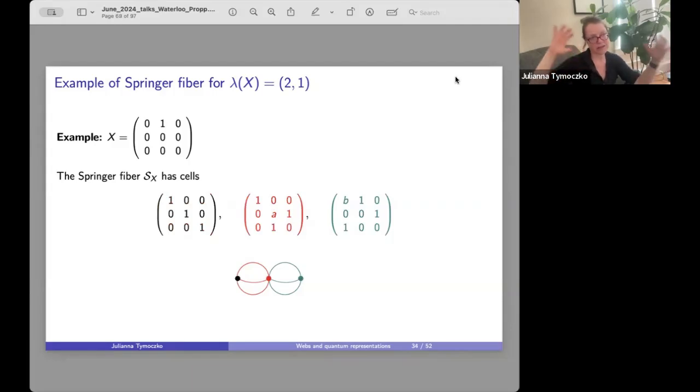So your classic way of decomposing an object is into a cell whose closure is a union of smaller dimensional cells. In the best kinds of combinatorial geometry, like Schubert calculus, you have Schubert cells. And if you take the closure of a Schubert cell, you are just taking the union of a bunch of smaller dimensional Schubert cells.